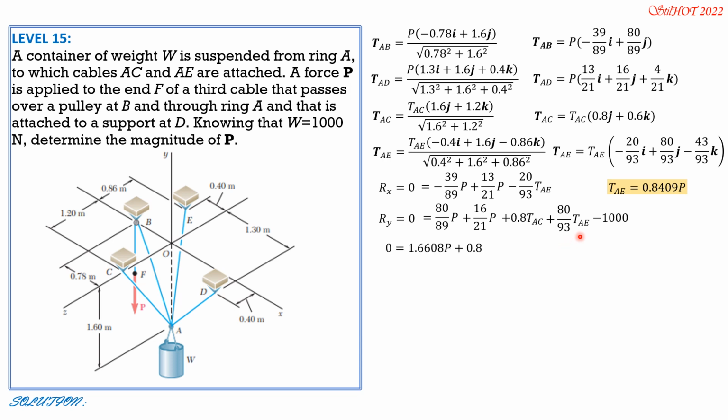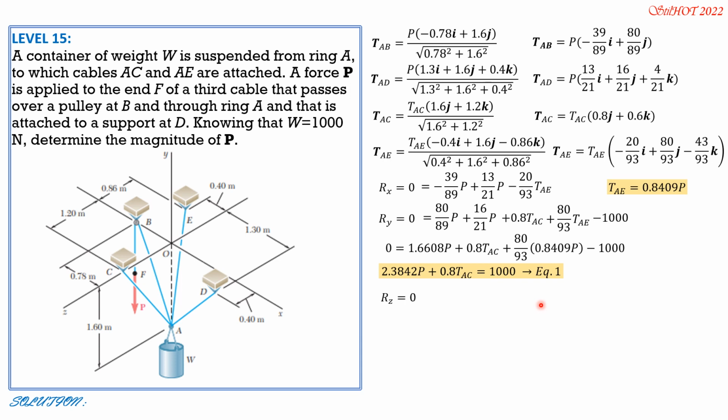So 0 equals, combining these two P's here, that's the value, then plus 0.8 tension AC plus 80 over 93 of tension AE, and tension AE is 0.8409P minus 1000. Simplifying, 2.3842P plus 0.8 tension AC equals 1000. So call that equation 1.